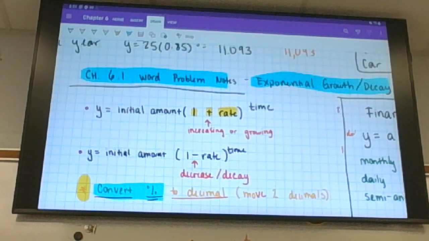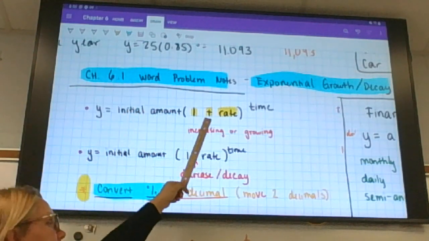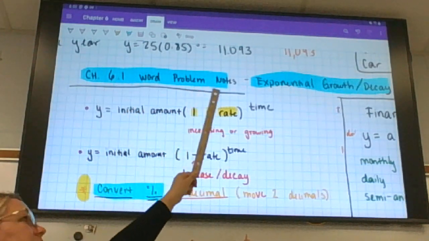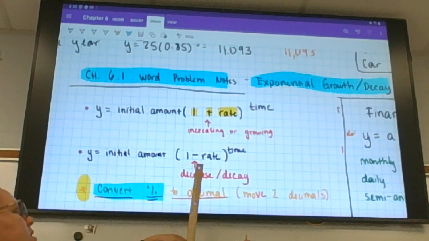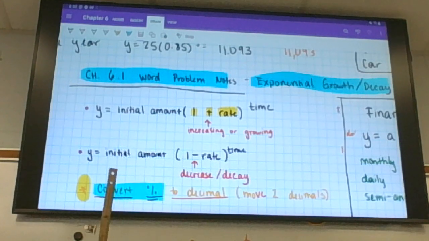The car problem was a decrease, so that was 1 minus the rate. That's why I said it was 15. So for increase, you put a plus sign in the parentheses. The amount of time that goes by is an exponent, and for decrease or decay, you put a minus. When you convert your percentage to a decimal, you move it 2 decimal places.